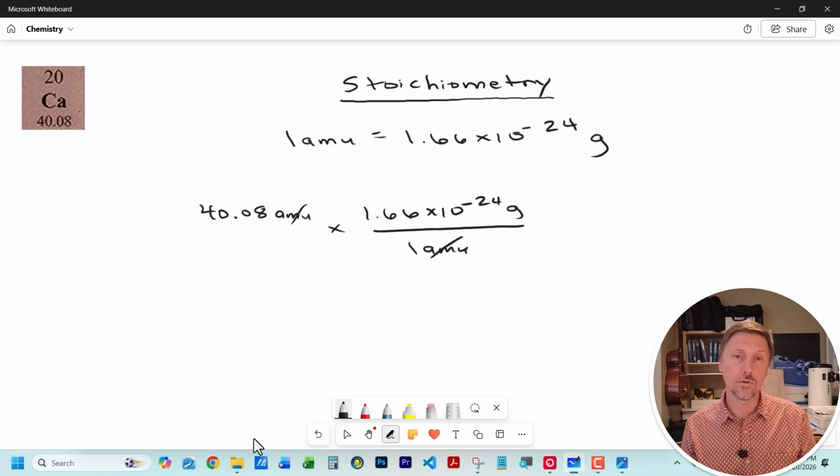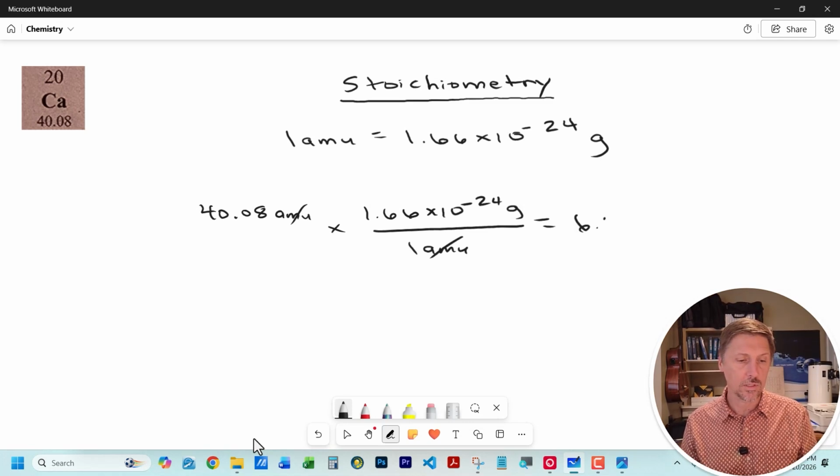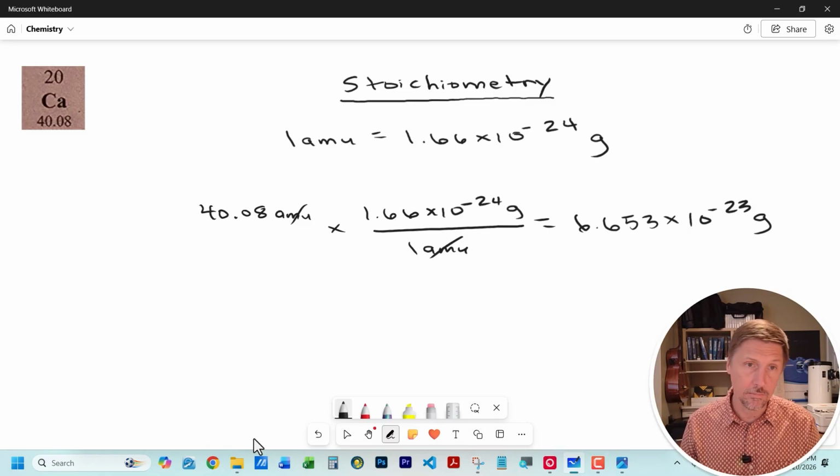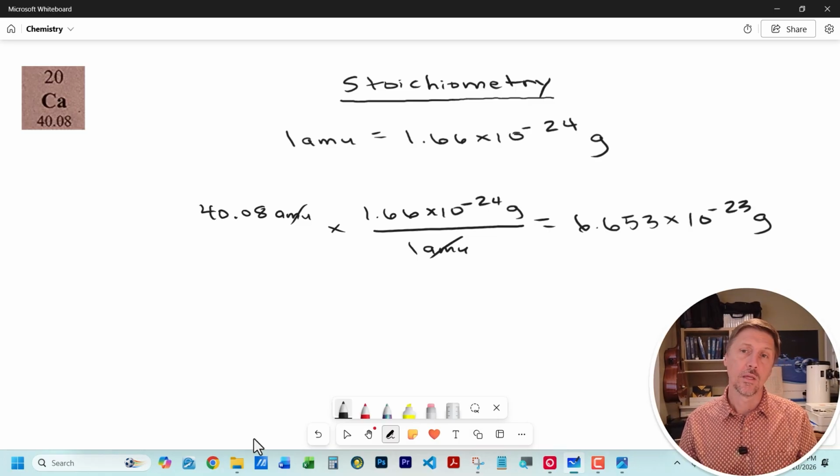When I do this, my AMU units cancel out, and I would get a value of 6.653 times 10 to the negative 23 grams. All right, so that's what a single atom of calcium would have a mass of in grams.